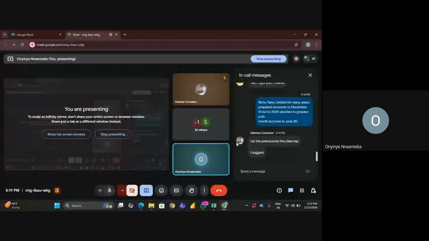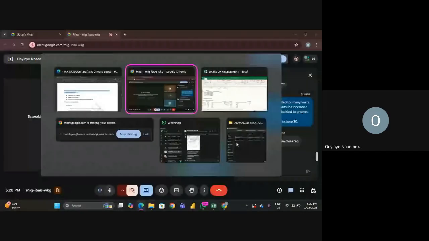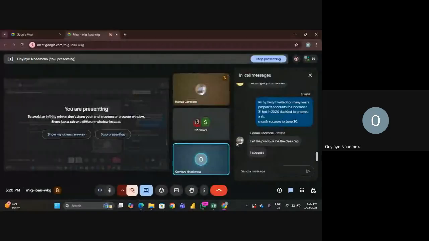So Richard Tasty Limited for many years prepared accounts to December 31st, but in 2020 decided to prepare a 6-month account to June 30. So the first thing required is to what? Identify the year of change. So in this question, what is the year of change? Let me go to our Excel.